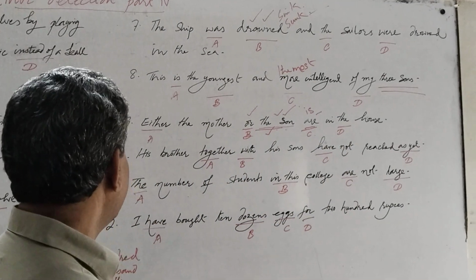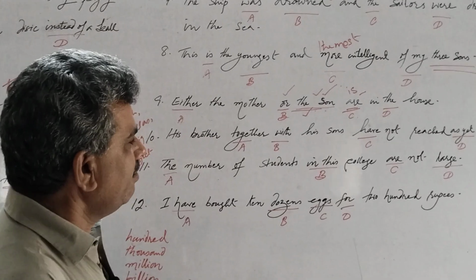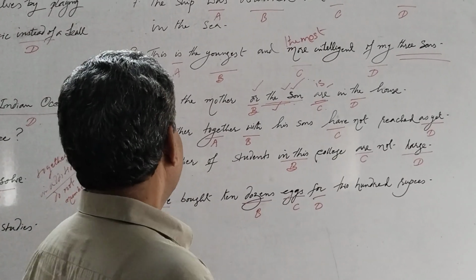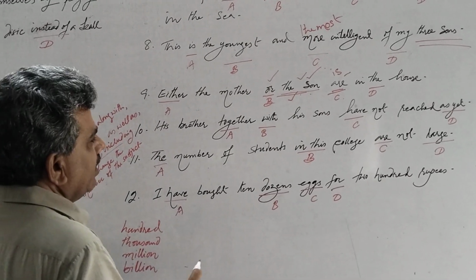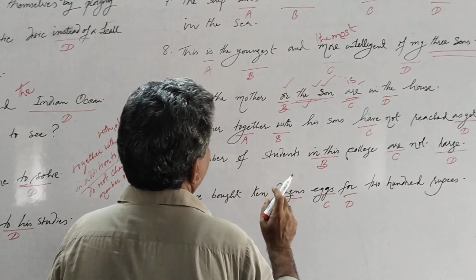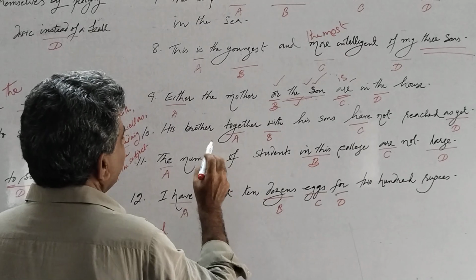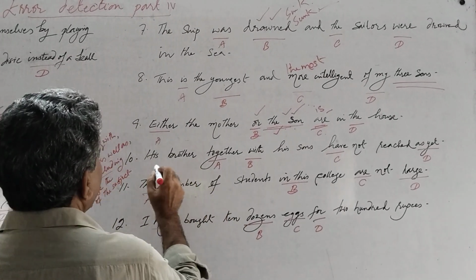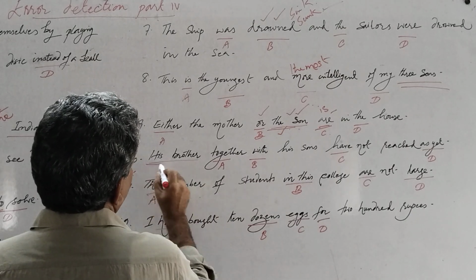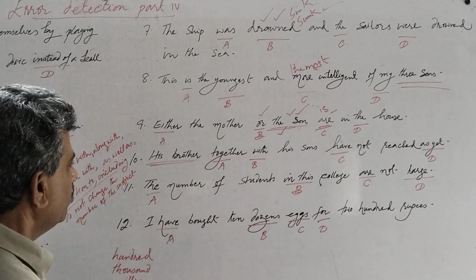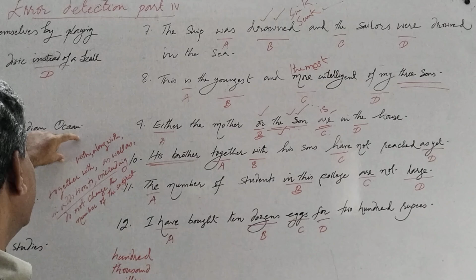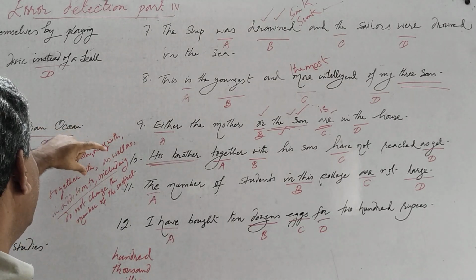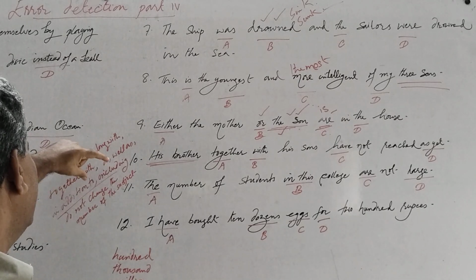Now we have 10th sentence. His brother together with his sons have not reached as yet. We know that there are some conjunctions which if kept there with any subject, it does not change the number of these subjects. So these constructions are with, along with, together with, as well as, in addition to, including.